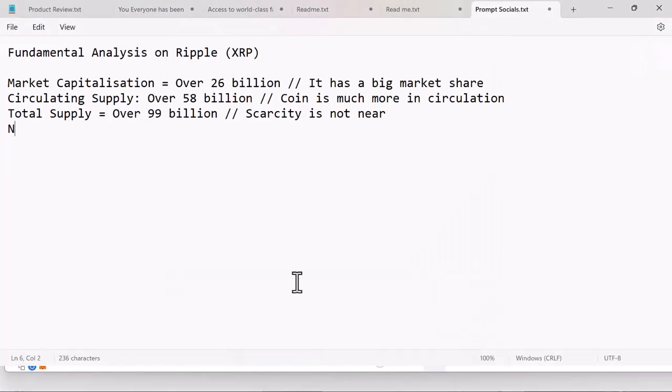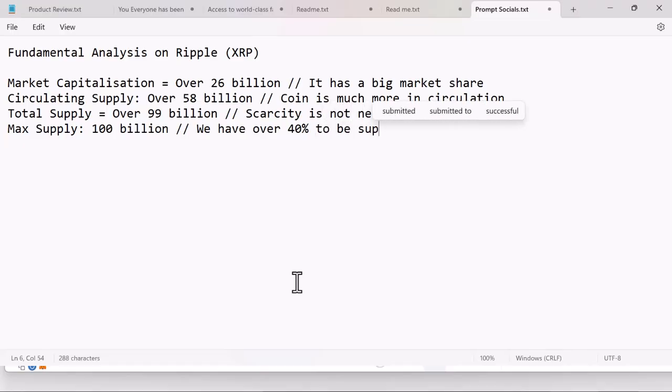So the max supply is not yet in full supply. Once 100 billion of this coin has been supplied, that's where it hits scarcity. Okay, sorry, this is what we are going to do.